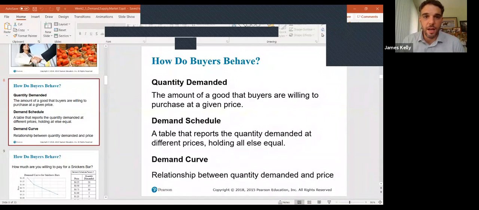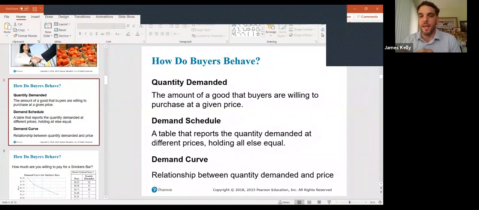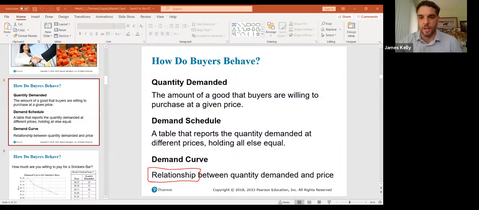The key thing I want you to take away is that demand is a relationship. Anytime you have a function or a graph with two variables, it's a representation of a relationship. What we're representing with the demand curve is the relationship between how much people want to buy at a given price: the quantity demanded and the price.